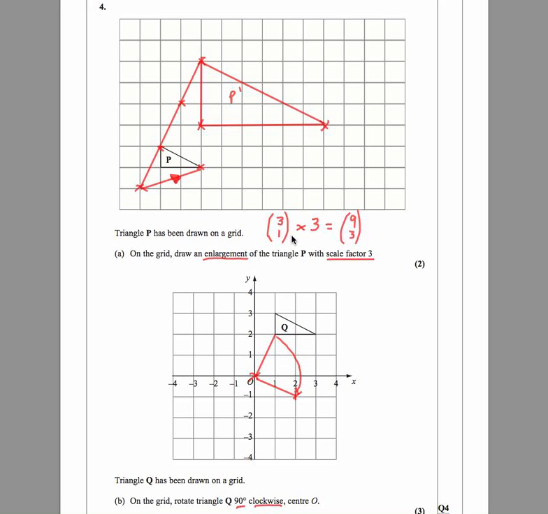Basically it flips the X and Y and one of them will go negative. So instead of 3 across and 2 up, we'll go 3 down and 2 across. That should get us to there, and that was that point there. Again, you can see that it's been moved 90 degrees. If you sketch these in pencil, you can see that that's 90 degrees there.